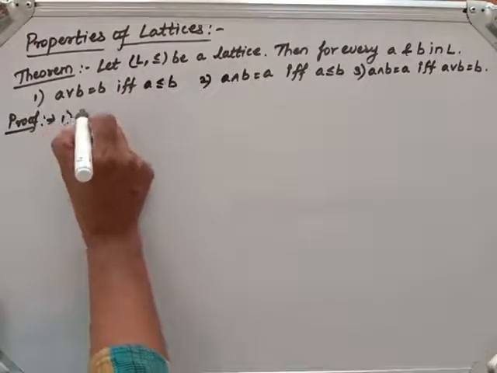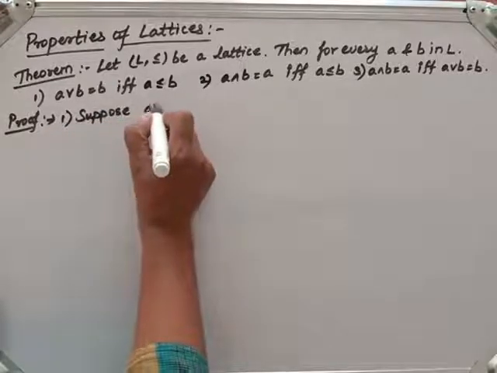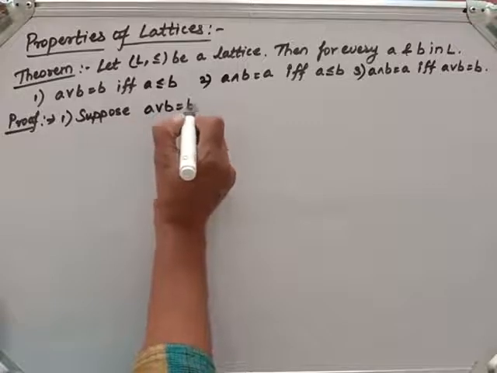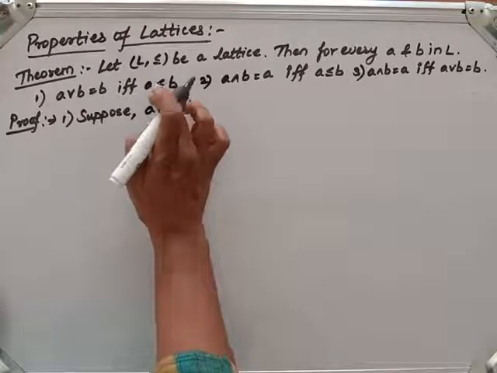So first, suppose A join B is equal to B. This is given. Now we have to prove this relation.